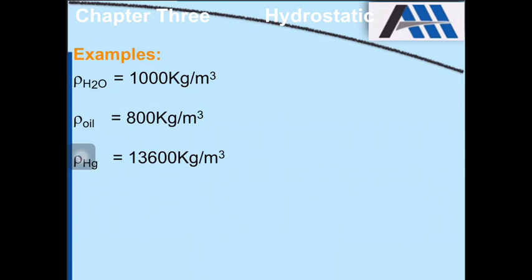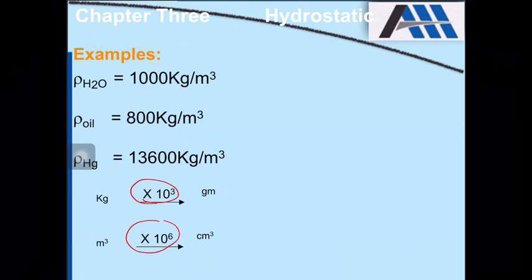What do we mean by these numbers? Why are we using the kilogram and not gram, knowing that the factor is times 10 power 3? And why are we using the meter cubed, not the centimeter cubed, knowing that the factor is times 10 power 6?